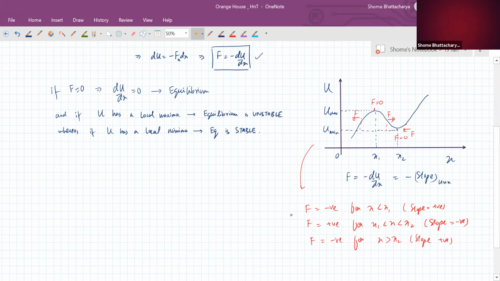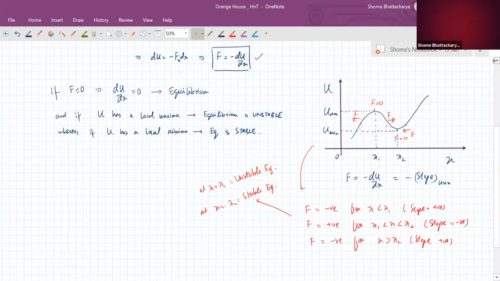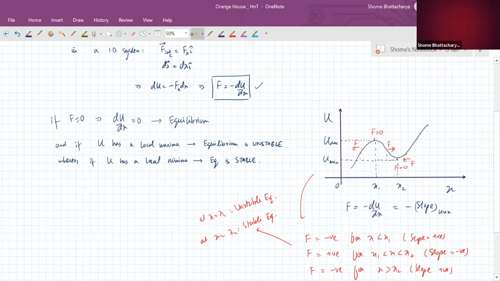So at x equal to x1, we have the unstable equilibrium, and at x equal to x2, we have the stable equilibrium. So this is something that we discussed in the last lecture. We'll do a question or two based on this today.